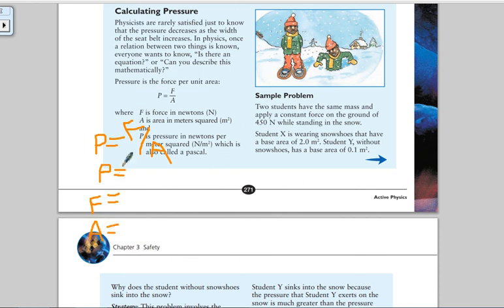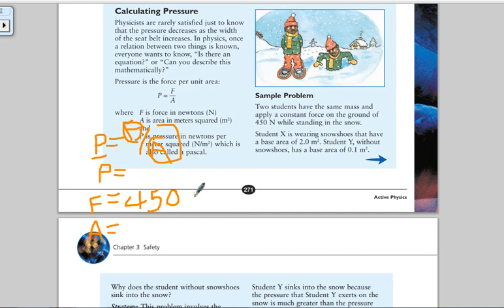Okay, because those are our 2 missing variables in this equation if we're trying to find pressure. So let's first read the sample problem. 2 students have the same mass and apply a constant force on the ground of 450 newtons. Alright, so we found the force. Okay, so they're both doing a force of 450.